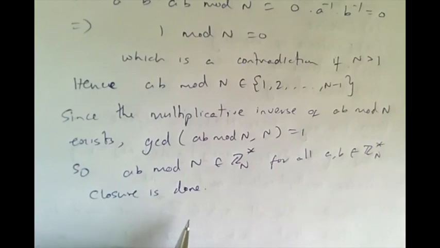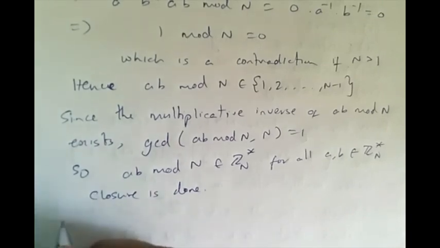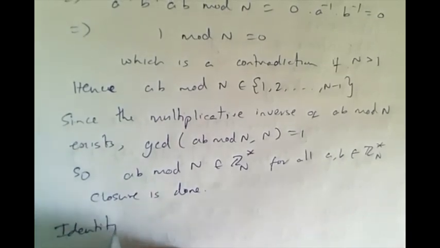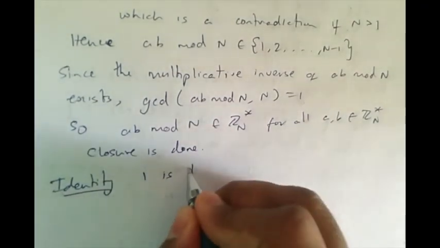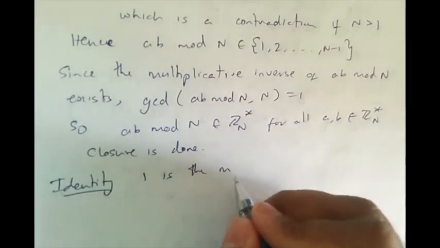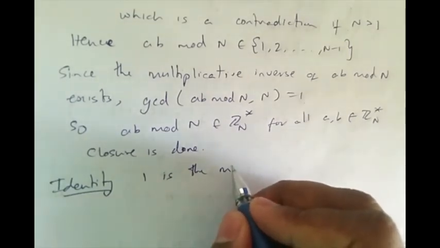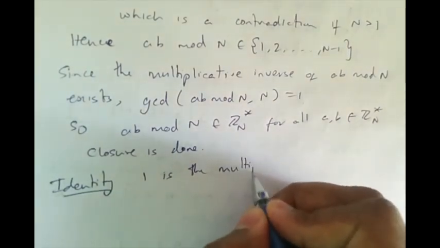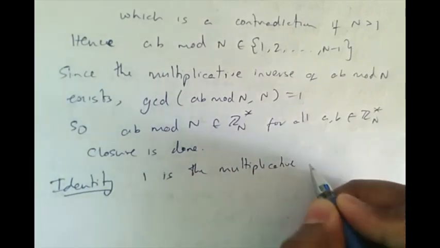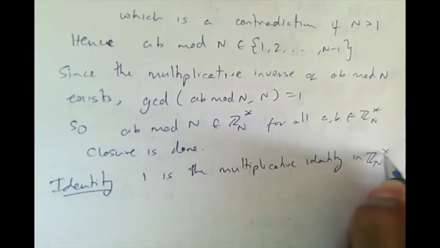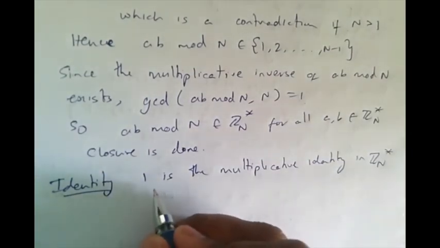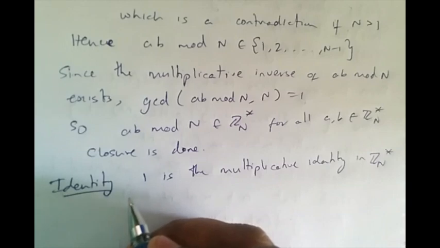So the remaining properties we have to show are existence of identity. One is the multiplicative identity in this, or identity under this multiplication modulo n, and it always belongs to Zn star as n is greater than 1.